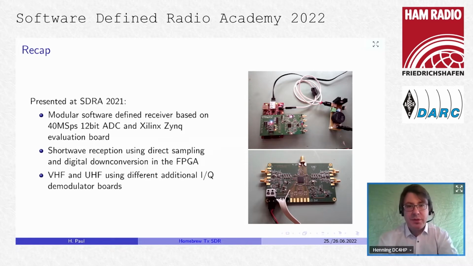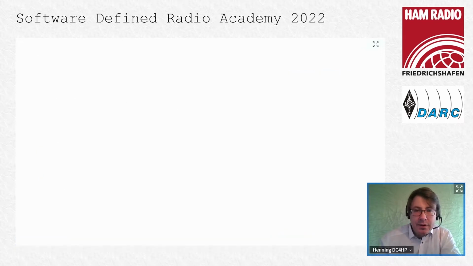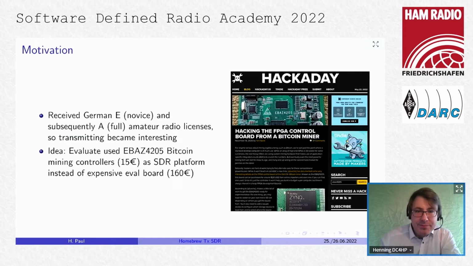So that was where we left off last year, and now I would like to go on to what I did in the meantime, the last 12 months. So I received my amateur radio licenses, first the novice one and then the full license, and therefore I was finally able to transmit on the corresponding ham radio bands, and so I decided to build a transmitter SDR.